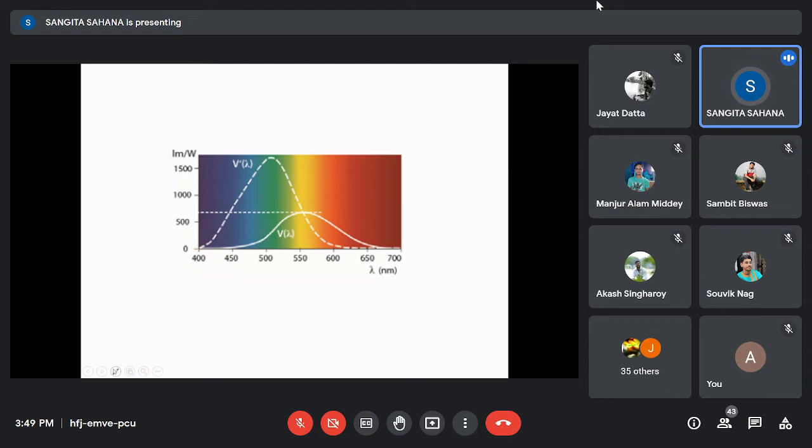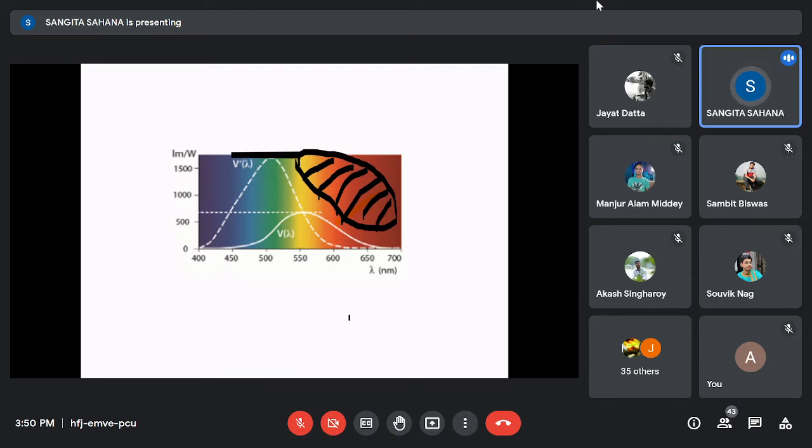So that means you can understand that if any radiation is in this region, that light we cannot see, that light we cannot perceive, because this is beyond our eye capability, right? Our eye cannot detect this part, so even if there is some light coming from the source, our eye cannot detect that amount of radiation.